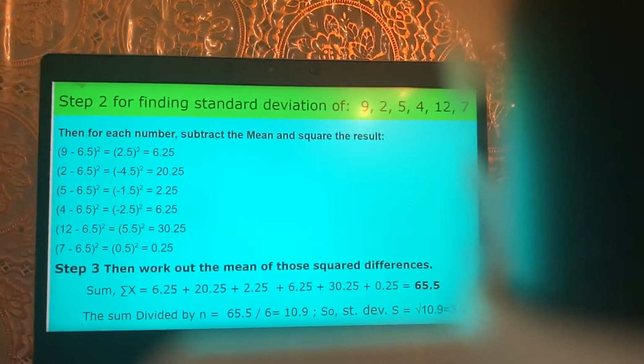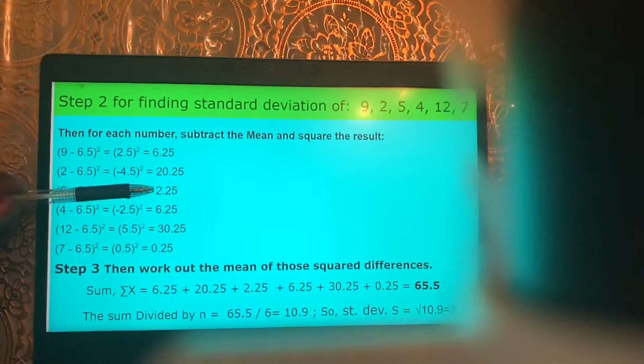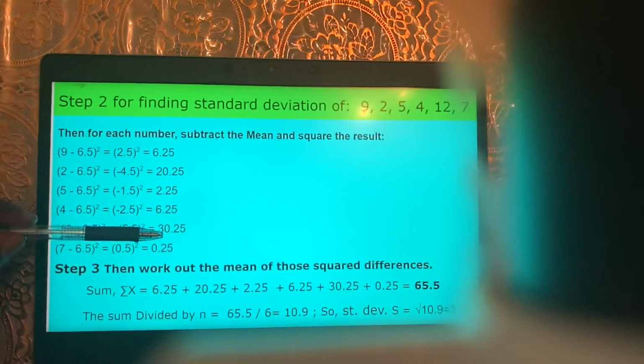Then step 2 is for finding the standard deviation of those numbers. For each number, subtract the mean and square the result. The mean was 6.5. I subtract that mean from each value and square it, and these are going to be added. Step 3 is then work out the mean of those squared differences.